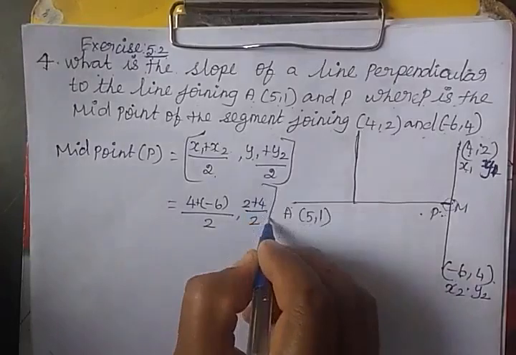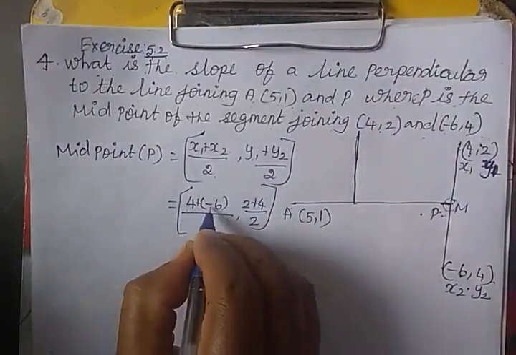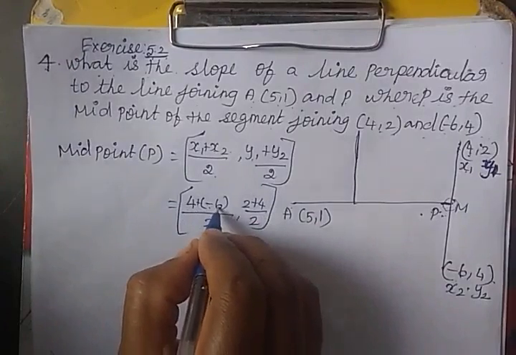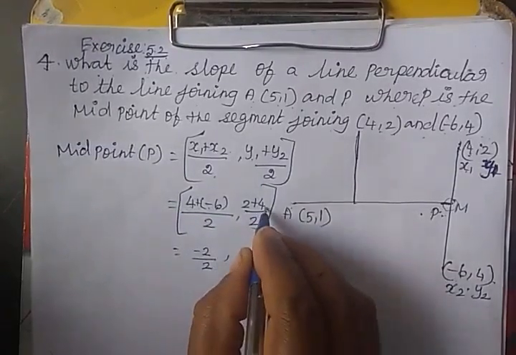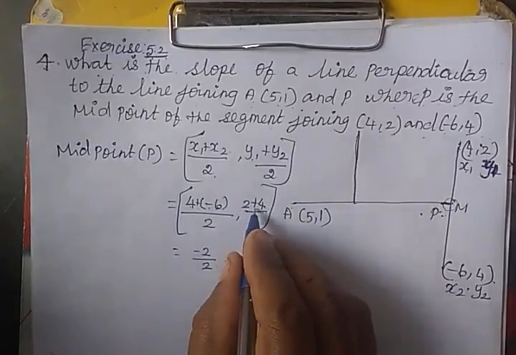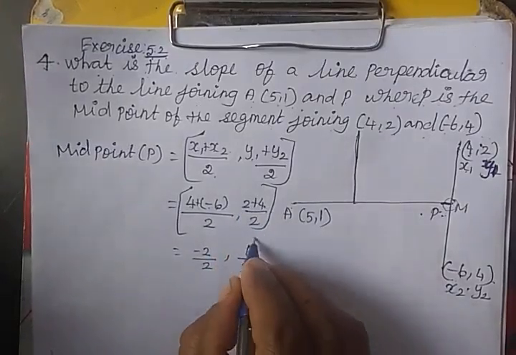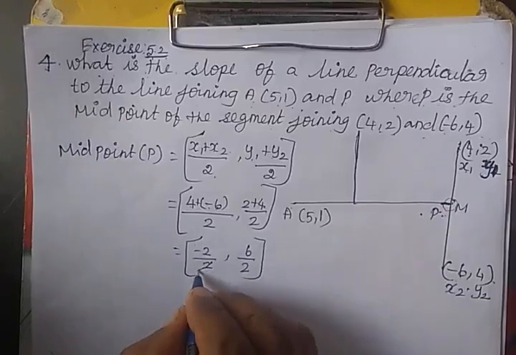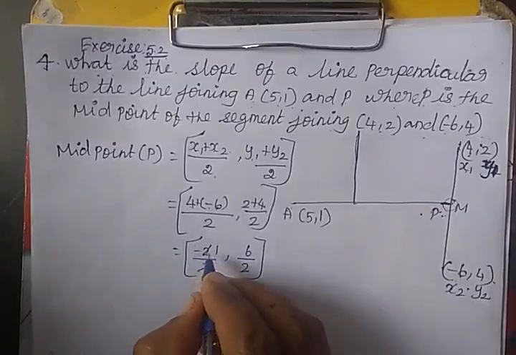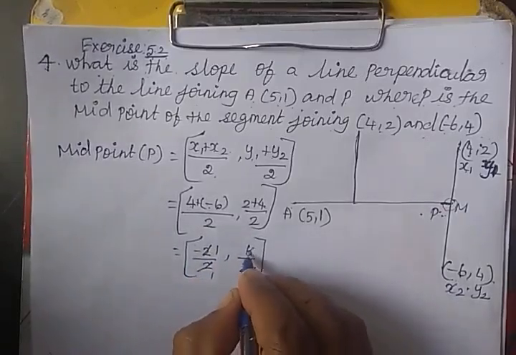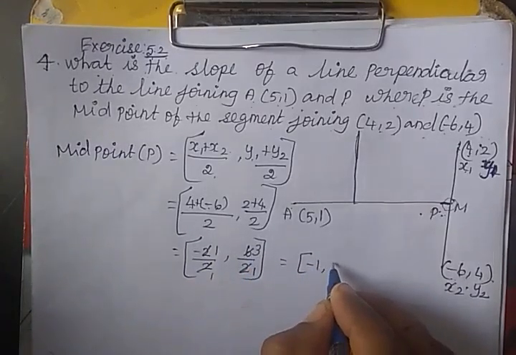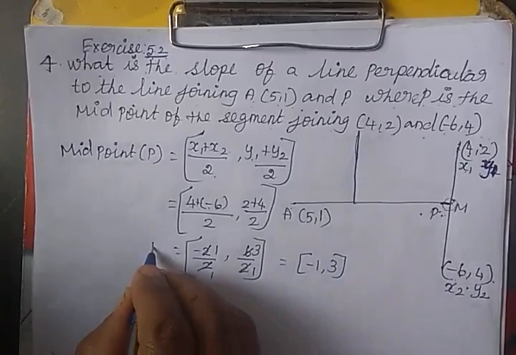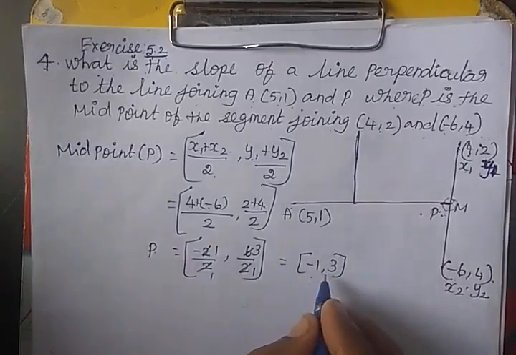So 4 plus -6 is -2, by 2 is -1. 2 plus 4 is 6, by 2 is 3. That is (-1, 3).